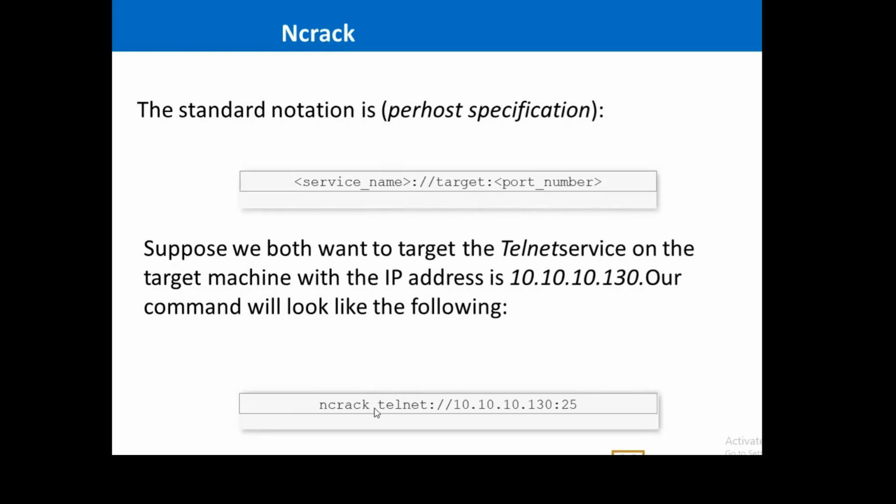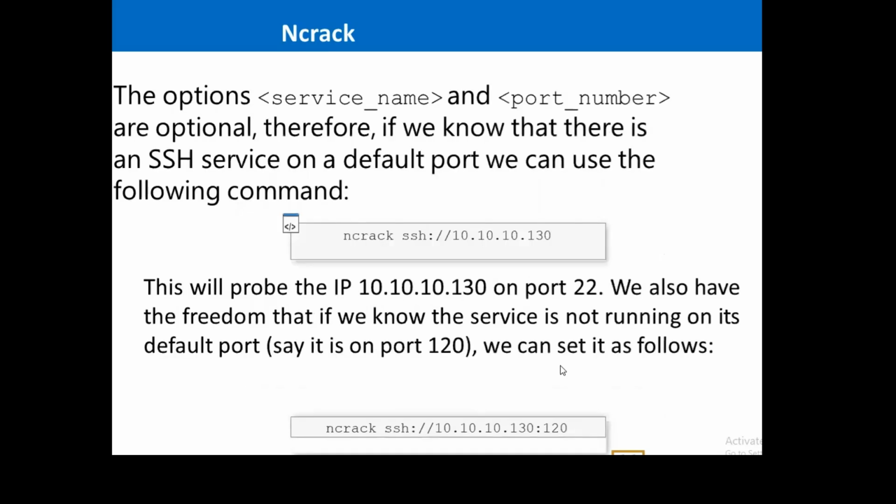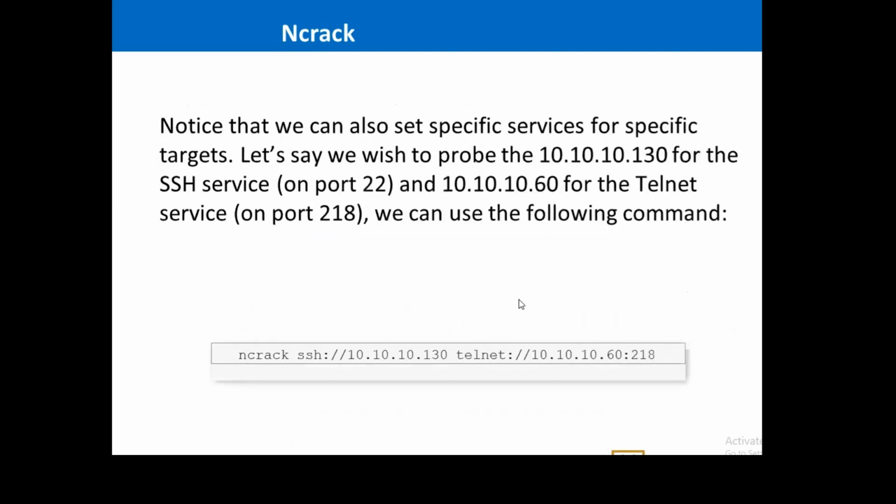For example, this is the service name, Telnet, 10.10.10.130 at port 25. So that's how to use that. If I want to use it on SSH, you specify Ncrack SSH, specify the IPs, and you can also specify the port.